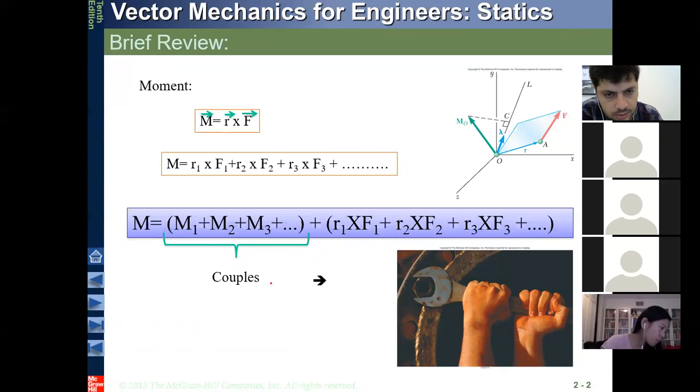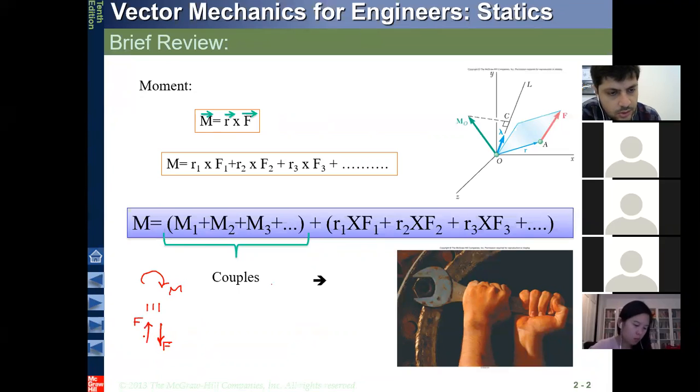Well, in a sense, they are not really different, but we actually show a couple at a point by this notation. It is usually equivalent to two forces with equal magnitude and opposite direction.